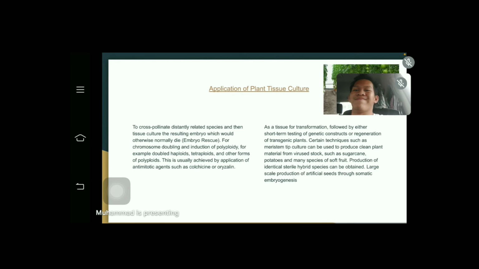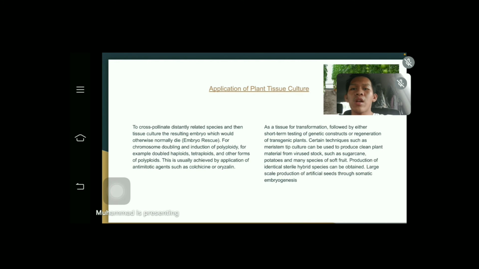It is also used as a tissue for transformation, followed by either short-term testing of genetic constructs or regeneration of transgenic plants.